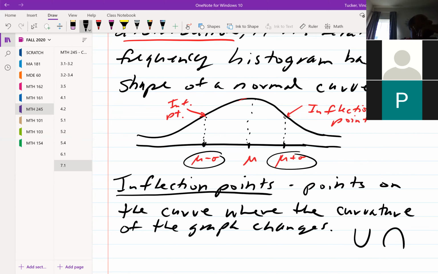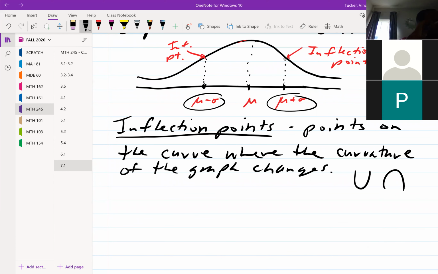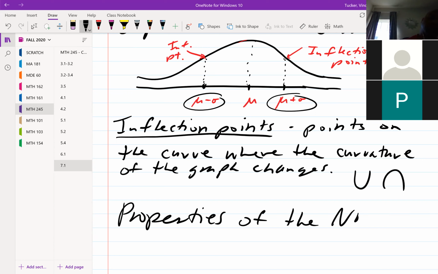So when the concavity, curvature changes. Normal density.